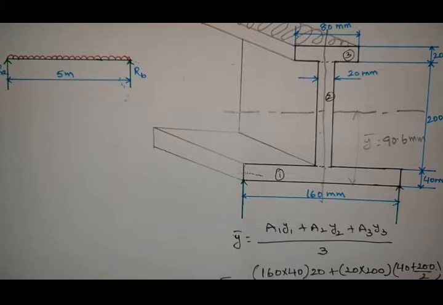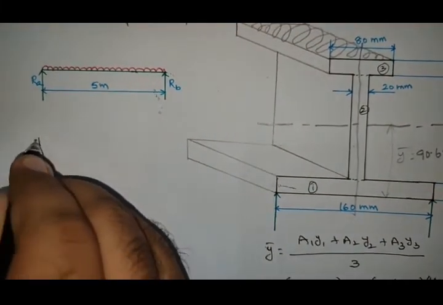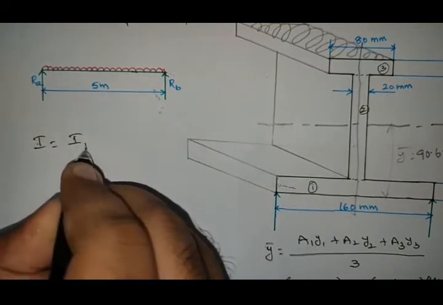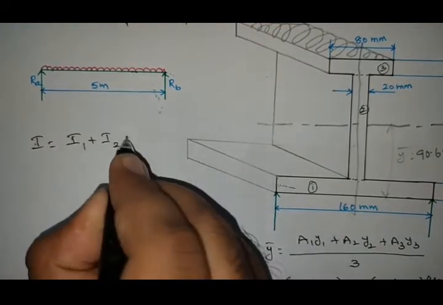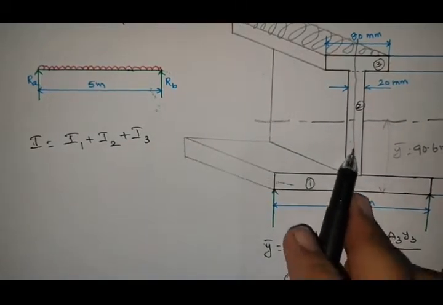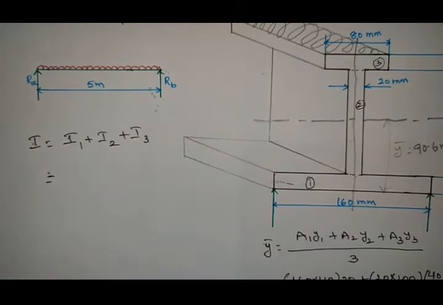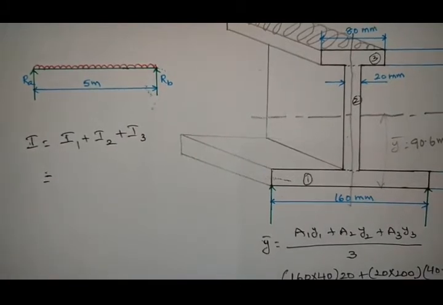So what about the moment of inertia? It will be equals to, I is equals to I1 plus I2 plus I3. So moment of inertia of three rectangles summation. So I1, first let us calculate I1.